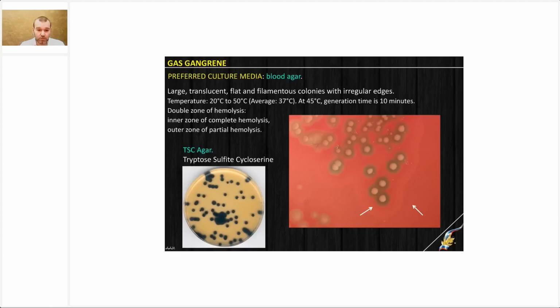So two types are present here in the same bacteria because of different diffusion properties of toxins produced by Clostridium perfringens.